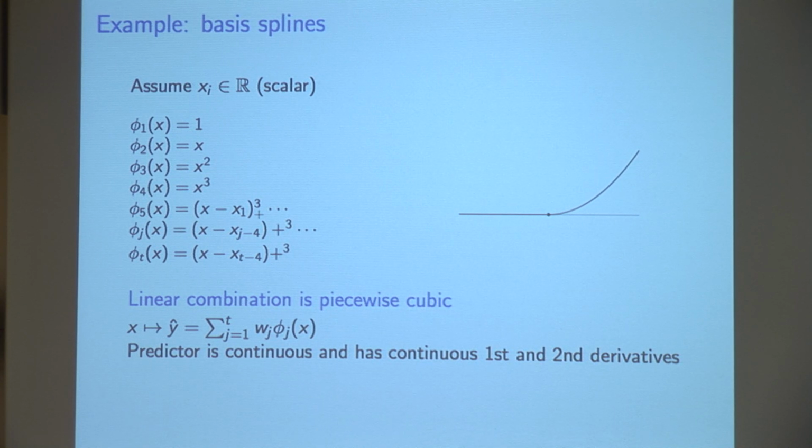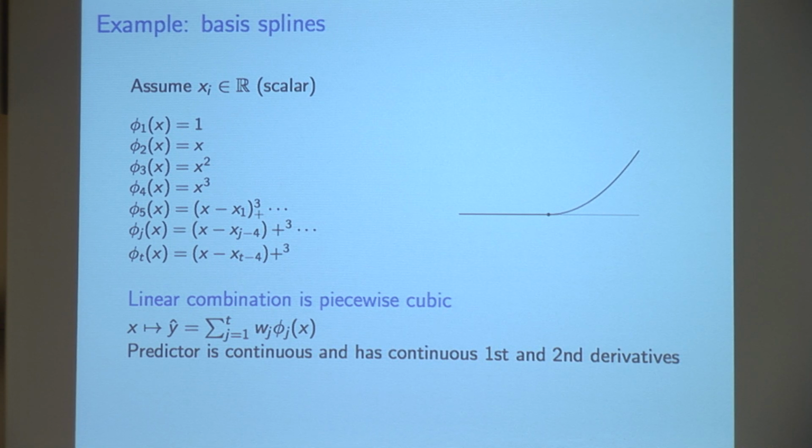Here x1 is some knot point, and x minus x1 plus is forced to be 0 if it goes negative, so we clip it to 0, and then we just have the cubic there. So we set up a bunch of these bases defined at different knot points, and then you can easily learn piecewise cubic fits of data just by feature expansion.